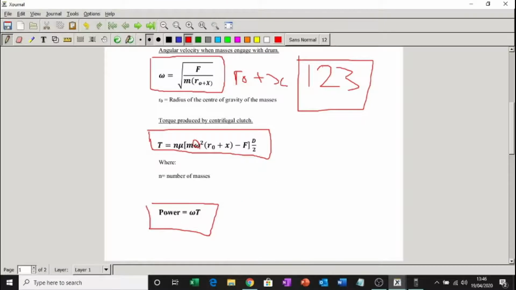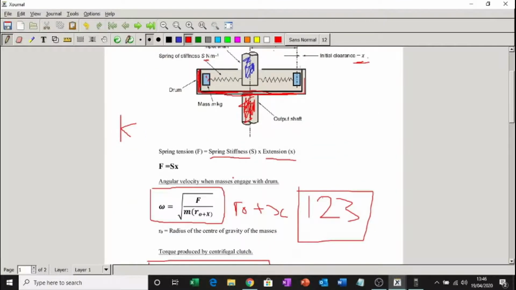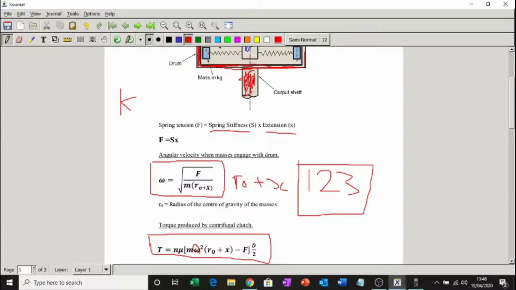And then power, we can work out the power at a certain angular velocity. That's angular velocity, and this is torque, which we'd have worked out here. So it looks a bit tricky, but once you do a few examples, it's not too bad.